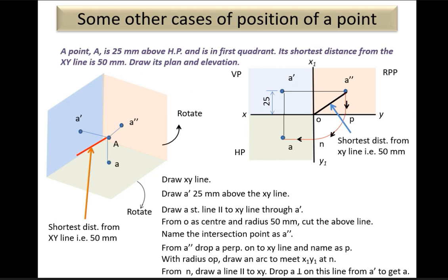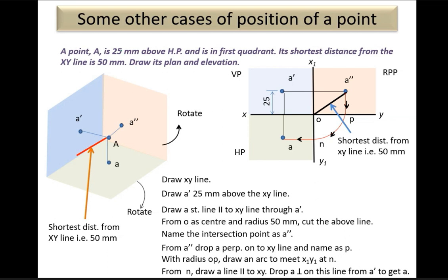Here is one of the problems. We have a point which is 25 mm above HP, and it is in the first quadrant. So whenever you approach a problem, you should see what is given.